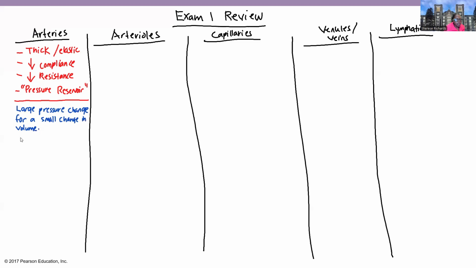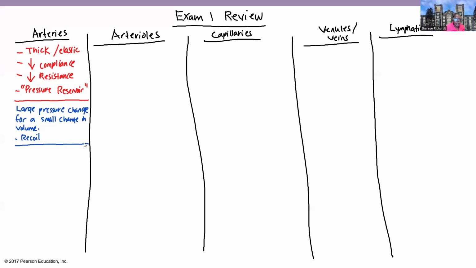And they also have the ability to recoil, right? We talked about how they can capture force in their walls so that during both systole and diastole, the flow going out to the vasculature remains constant, even though the aortic or systolic valves would close. So we definitely want to remember that they have that recoil.